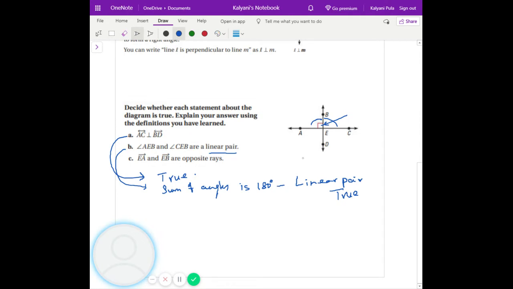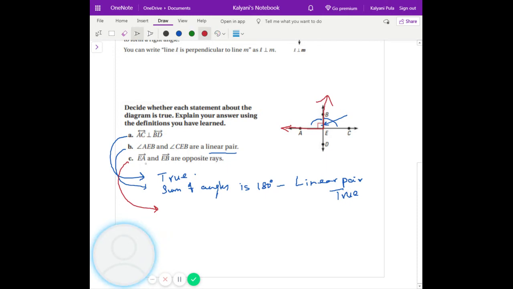Now let's look into this next one. Ray EA and ray EB are opposite rays. EA is starting from here. Let me change color. EA is this, and EB is this. Are they opposite rays? Amar, what do you think?